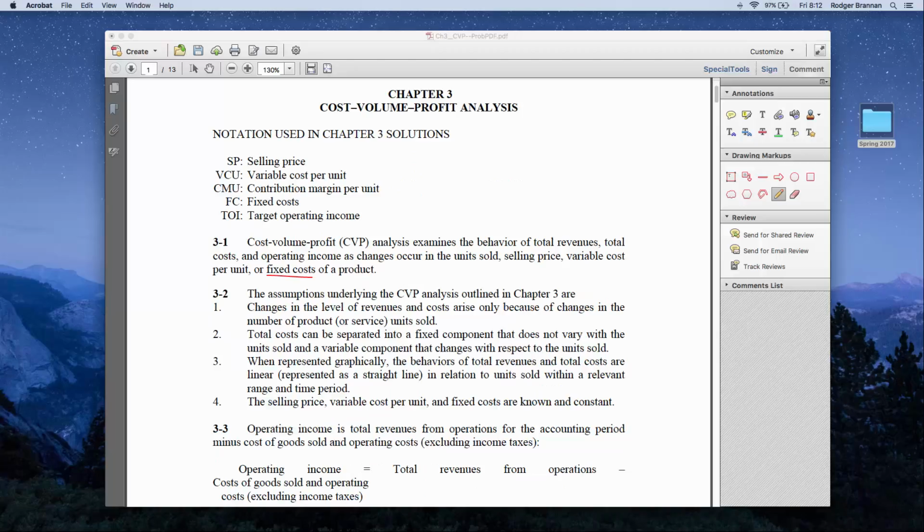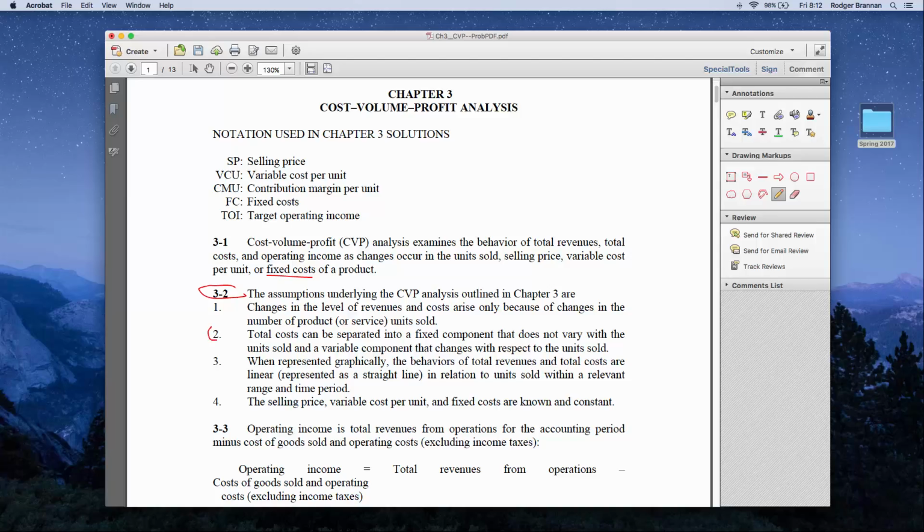Now again, number two here reiterates a lot of these important points. And again, we're going to assume that production equals sales. That just makes the discussion a little bit easier. We're not going to worry about changes in inventory. Sales prices remain constant, variable cost per unit remains constant, fixed cost in terms of amount and for a period of time remain constant.